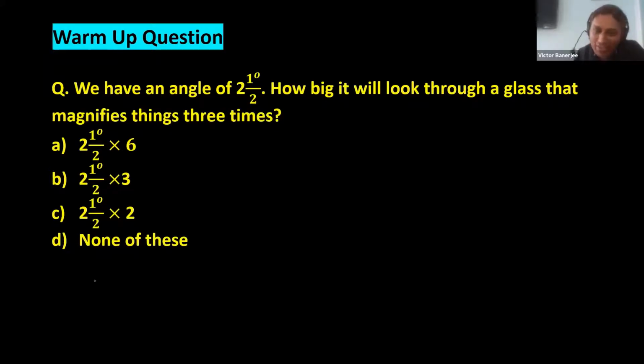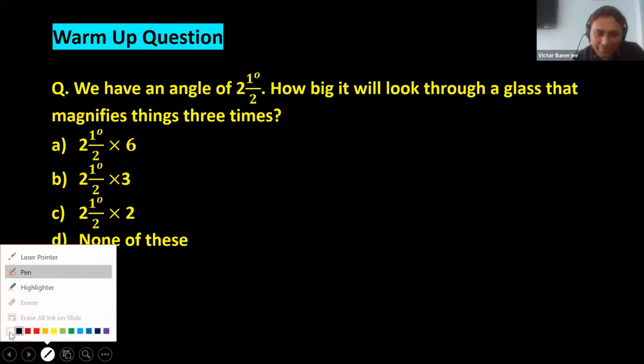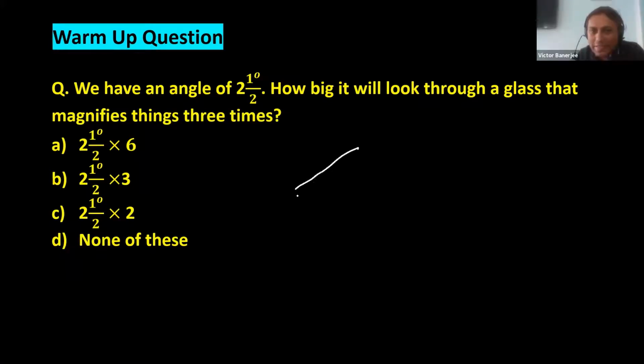Now let us understand this. The twist is that the question looks straightforward. Okay, Manisha, no problem. Suppose this is the angle. The place between two straight lines, that is an angle.